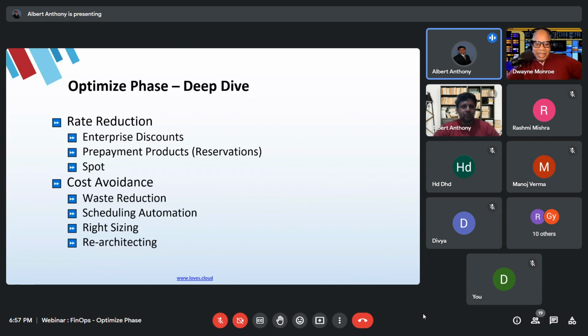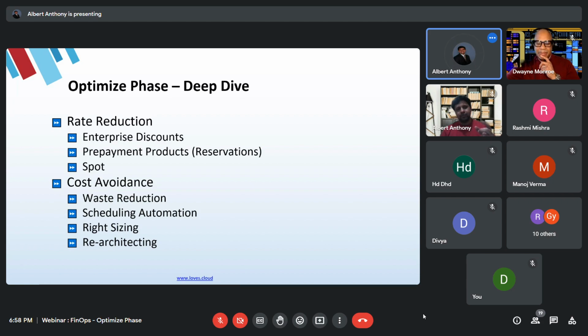So I think waste reduction is something that I have read and found is termed as kind of low-hanging fruit. And I think what you mentioned a couple of slides ago, Dwayne, that if we look at the Azure cost management tool, which Azure provides, I think that's a very good place to see where you are spending money. And we'll come to tagging a little later.